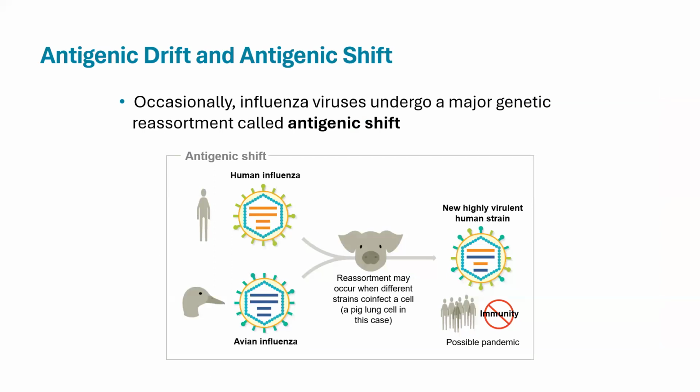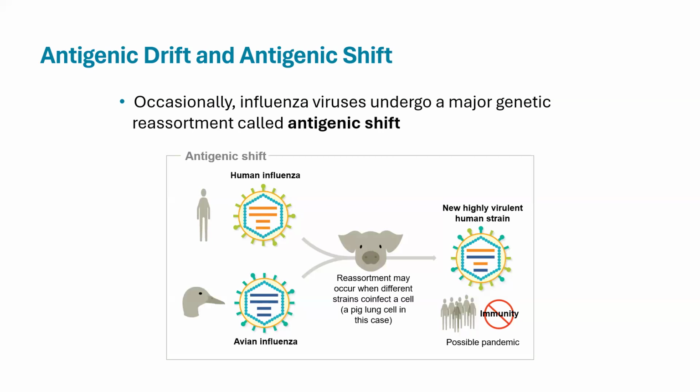Now, occasionally you can get antigenic shift. This is when you get infection of an organism with two different strains of flu. In this case, we have a bird flu and a human flu that both infect a pig. This pig that now has two types of flu allows for the reassortment of the genome, and you get a new strain of the virus.